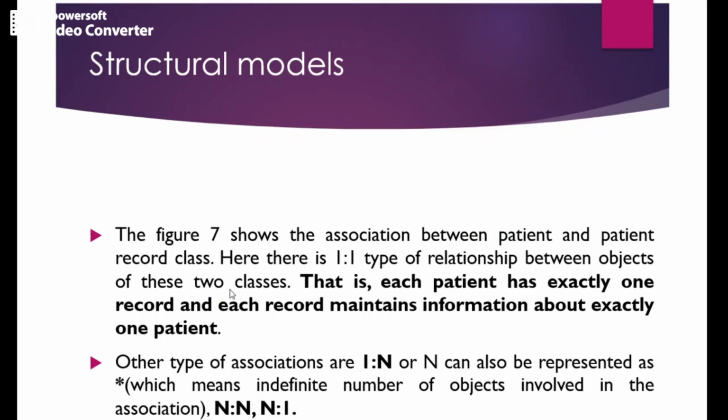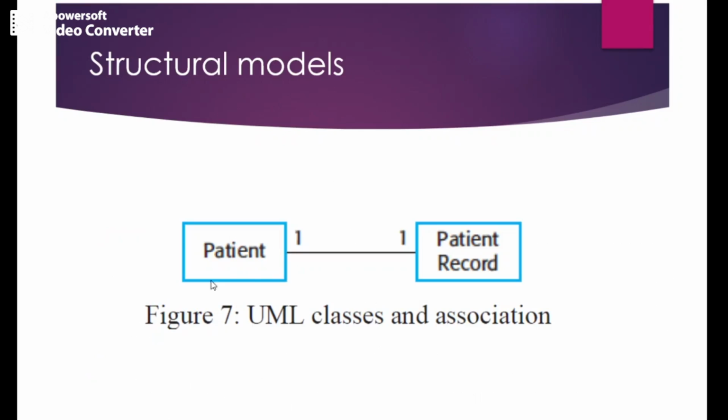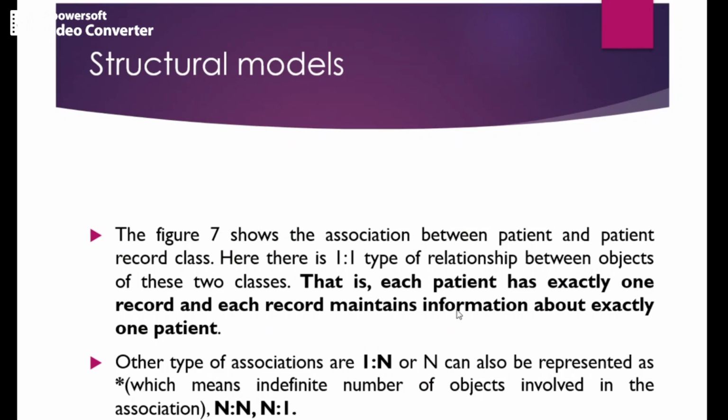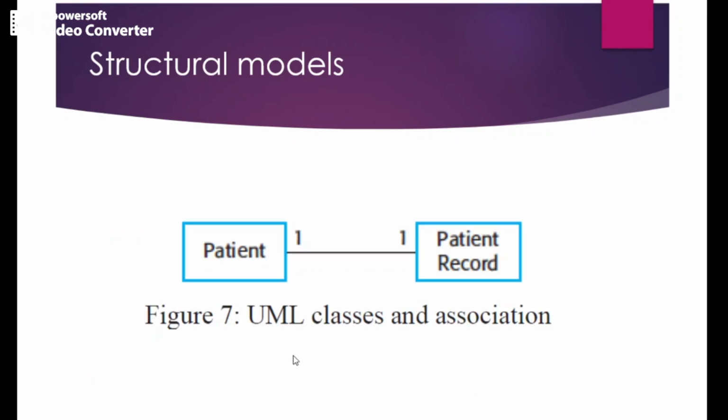You have to clearly understand what this 1:1 is. That is very important. Each patient, one patient, has exactly one record. So when I read from this end, each patient has exactly one record. You will agree. And I have to also read from the other end. Each record maintains information about exactly one patient.